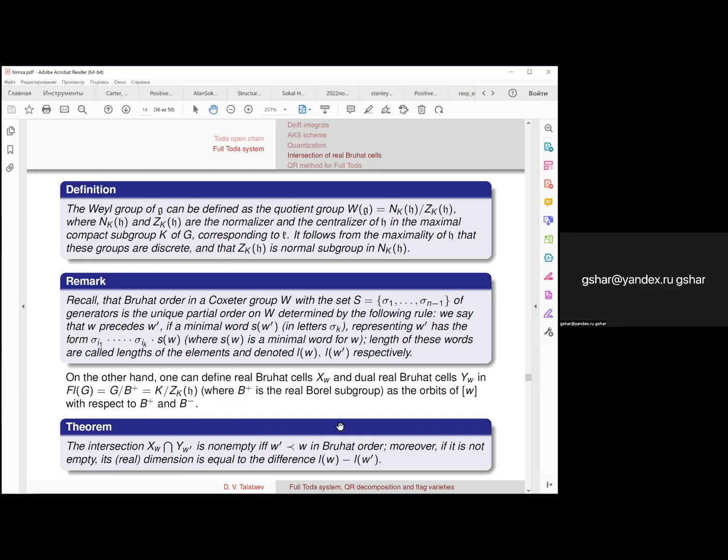Sorry, if I'm allowed, may I make a remark? The key step towards this proof is that the Toda system on the flag variety is actually a gradient flow. And therefore, you know how it should go from one point to another.